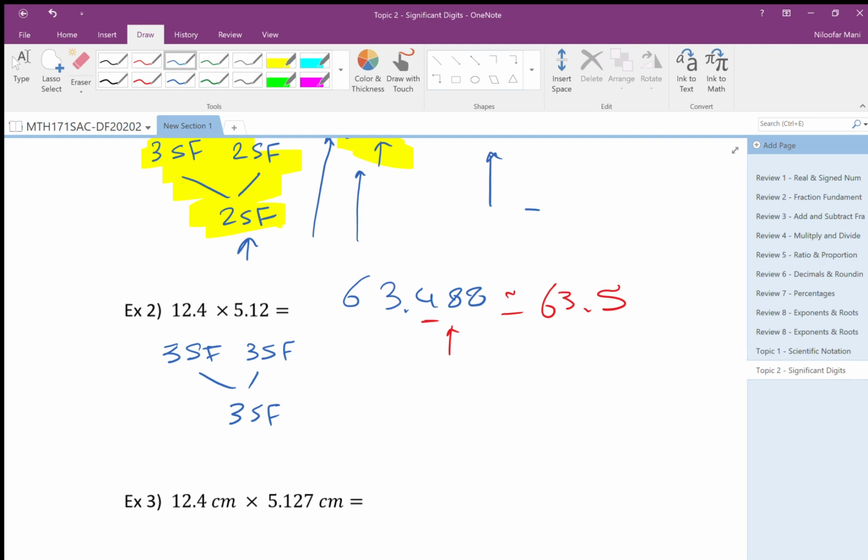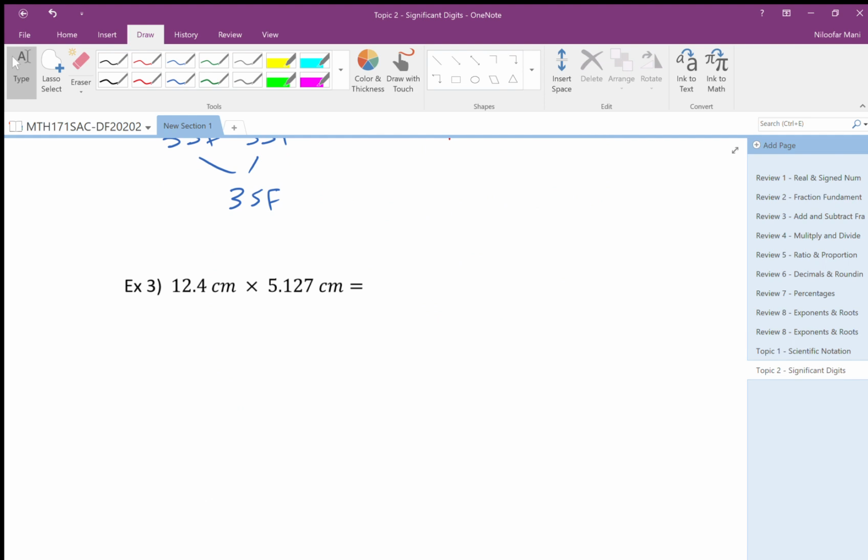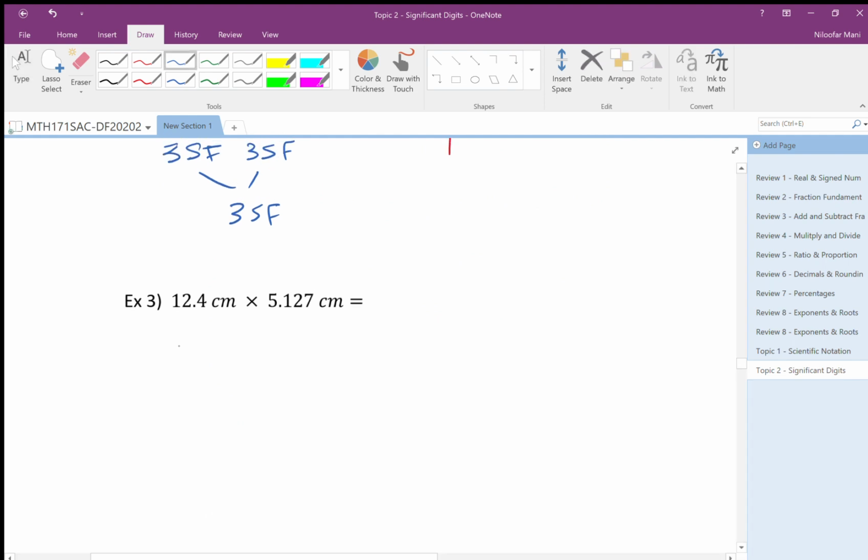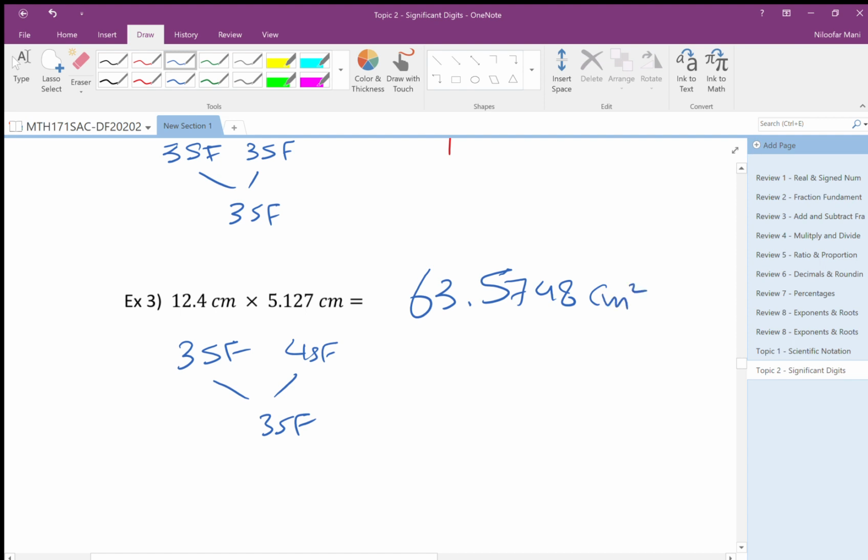Okay, so how about that? Here you have three significant figures, both of them centimeter. So you have four significant figures here. You have to round to three significant figures because it's multiplication. Your answer is 63.5748, centimeter squared because it's multiplication.